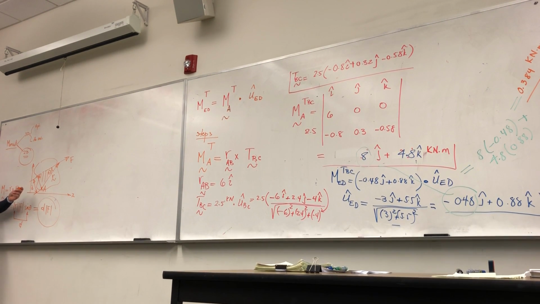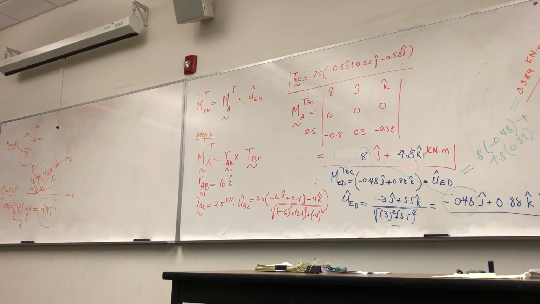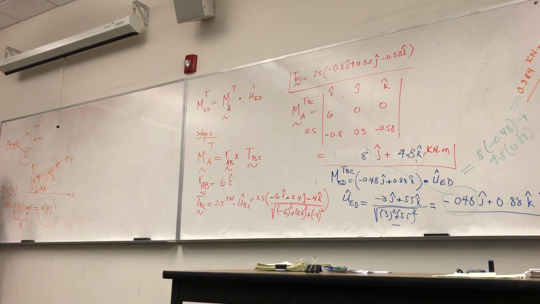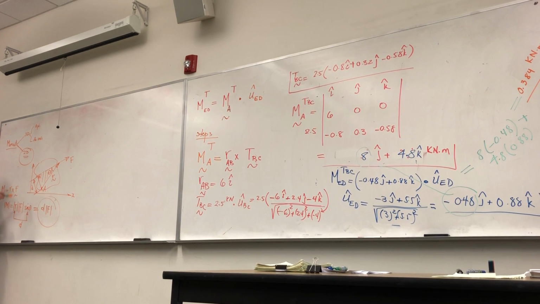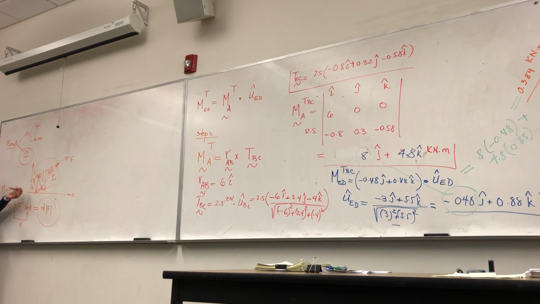Since all of these are in the xy plane, the vector that results, or the moment, is perpendicular to this plane. So it's either in the positive direction of z or in the negative direction of z. In other words, it's going to rotate the object either this way or this way.